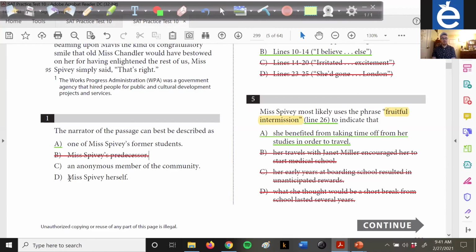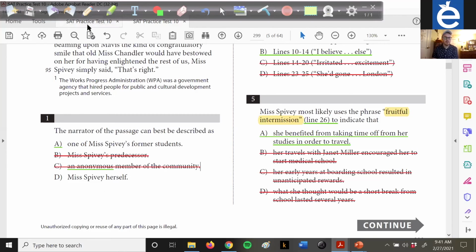An anonymous member of the community. I mean, I guess, but not really. They're not trying very hard to remain anonymous if they're giving the name of their little brother. They haven't given their name, but they're not wearing a mask or anything. Miss Spivey herself.